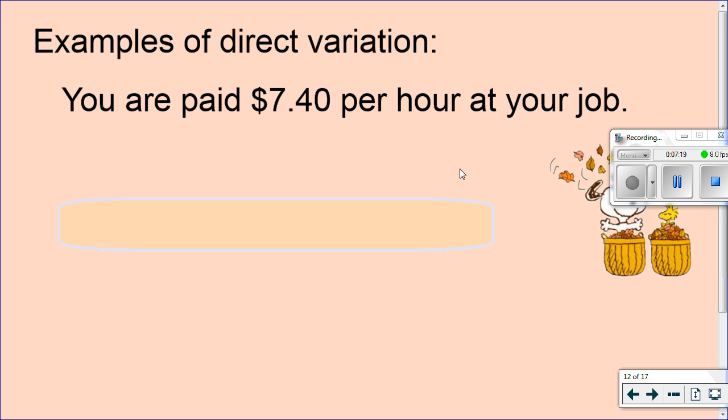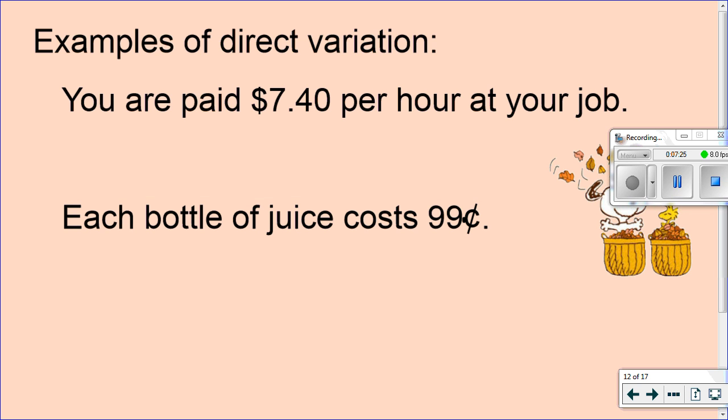So a couple of examples. You're paid $7.40 per hour at your job. That's direct variation. Each bottle of juice costs 99 cents. So it's really pretty simple if you look at it this way. So every hour I'm paid $7.40. That means my constant of variation is $7.40.